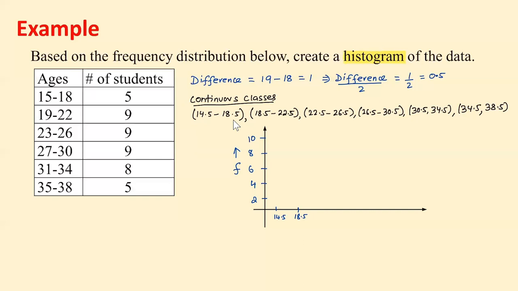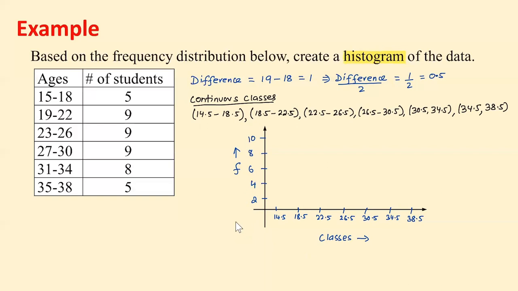Then from 18.5, we go to 22.5, 22.5 to 26.5, and then 30.5, 34.5, and we go up to the last one, 38.5. So we have these classes along the x-axis, the continuous classes along the x-axis, and frequencies along the y-axis.